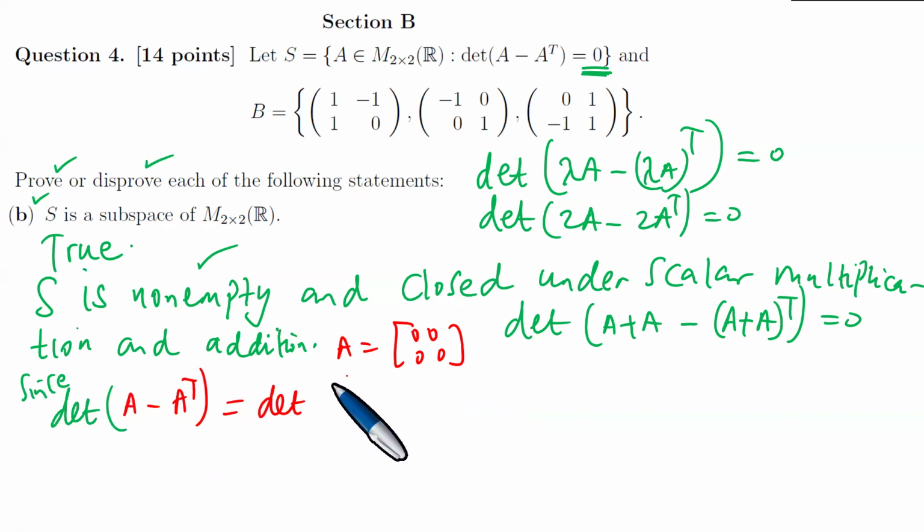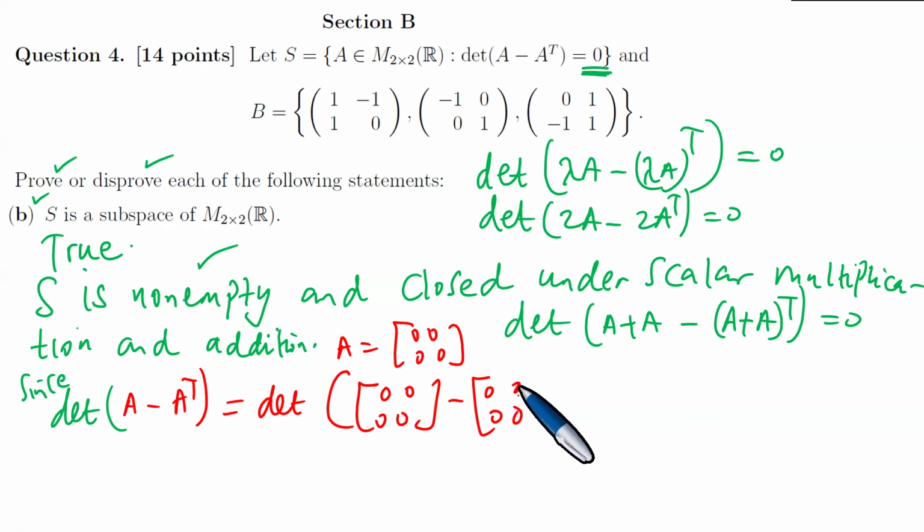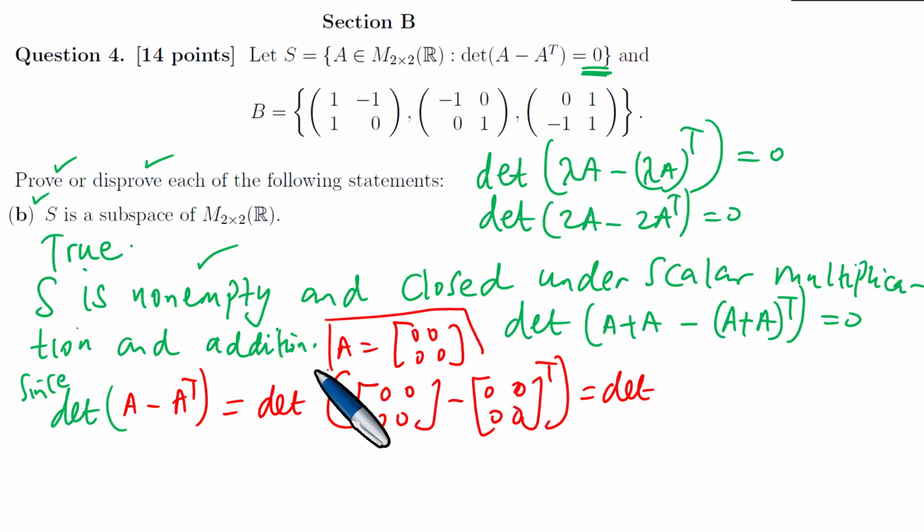So we have the determinant, and the transpose here. We look at the case when A is only the zero matrix, so that we can say it's not empty, since the zero matrix is an element of S and it has zero determinant.